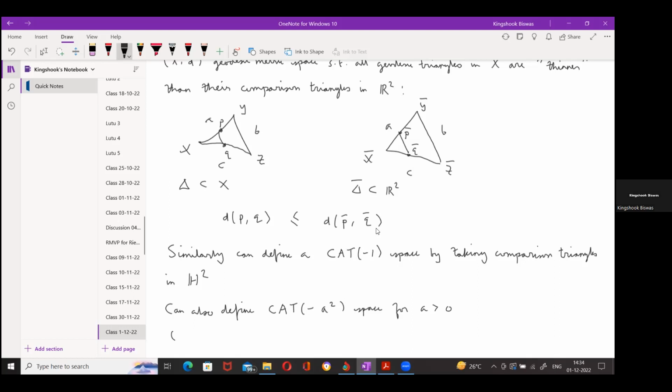Here you take the model space to have constant curvature minus a squared.